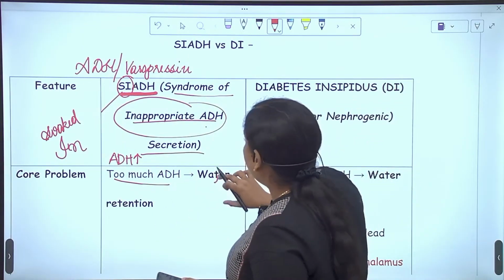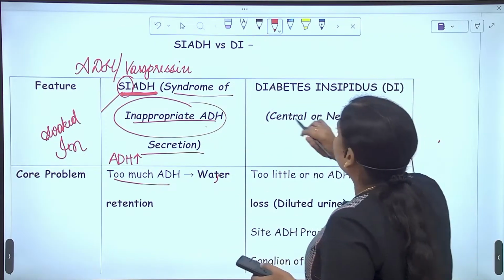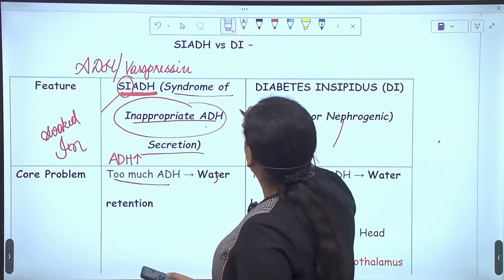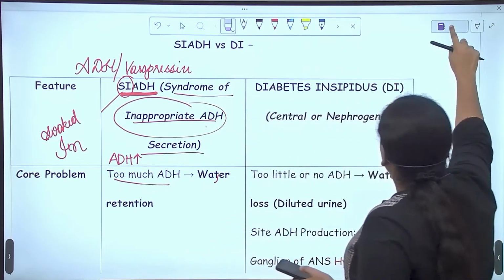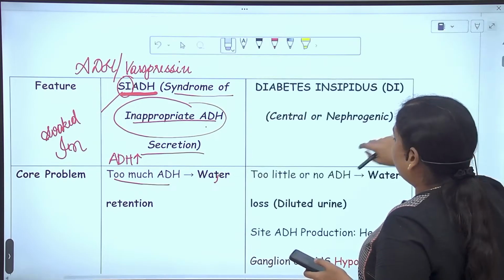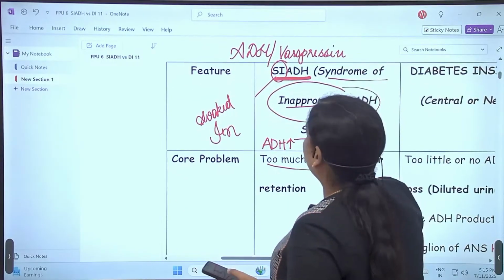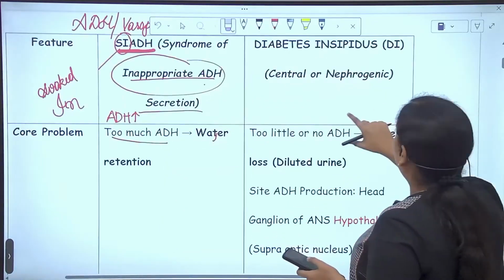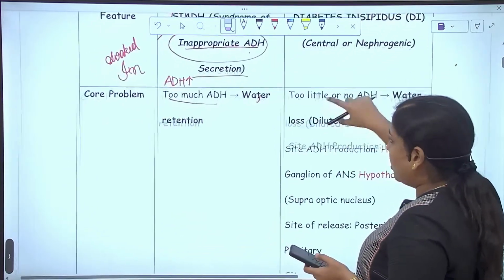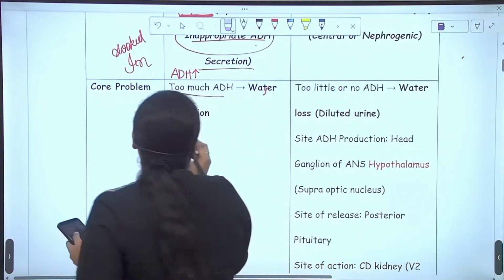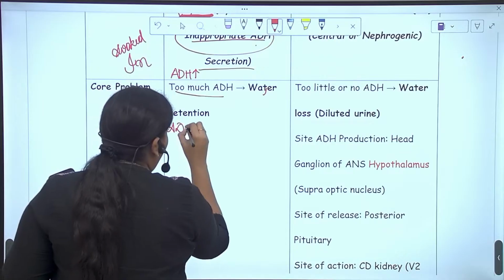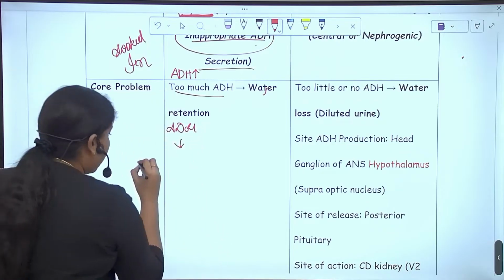To be very clear, ADH is your antidiuretic hormone.